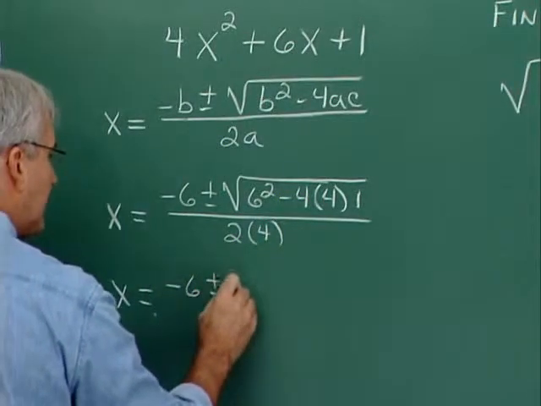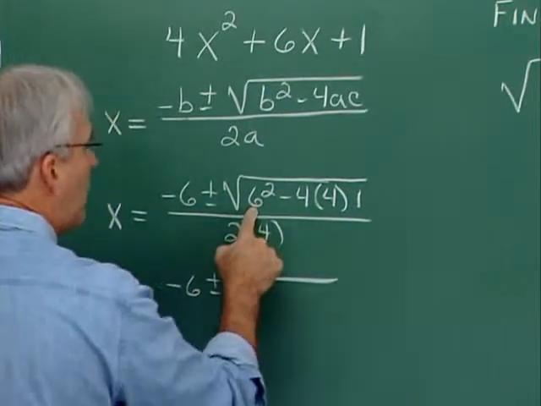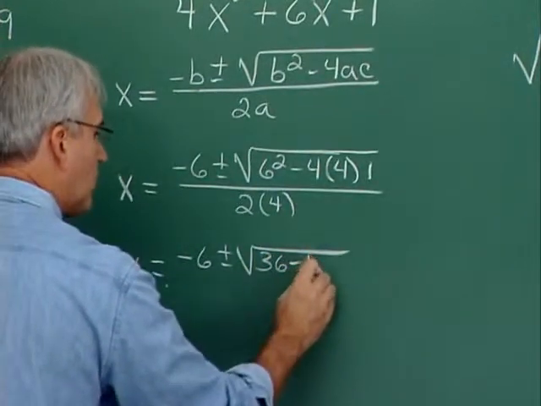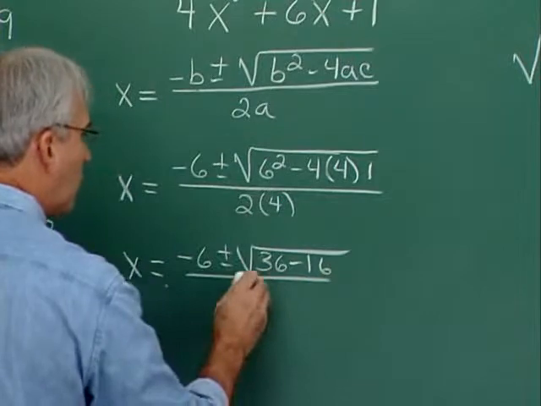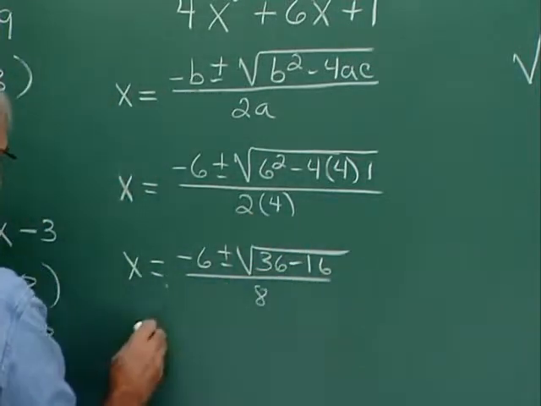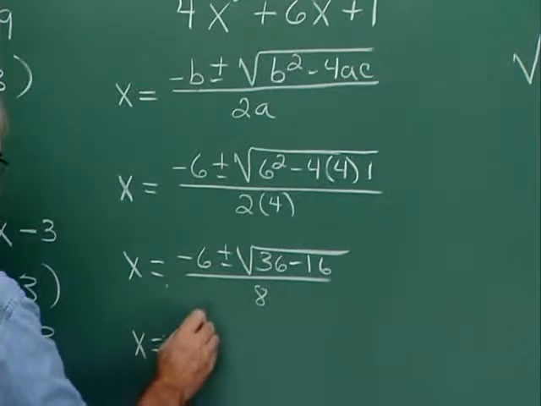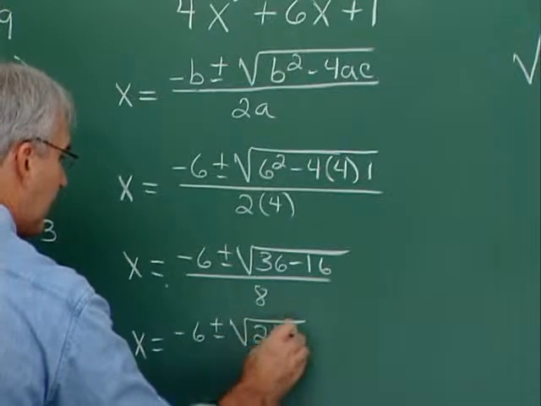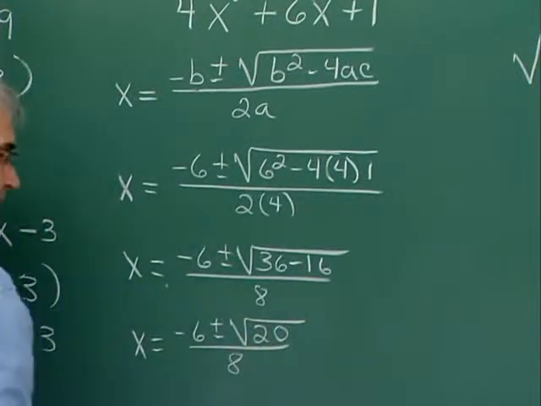Negative 6 plus or minus the square root of 6 squared is 36 minus 4 times 4, 16, all over 2 times 4, 8. And then collecting here, x is negative 6 plus or minus the square root of 36 minus 16, that's 20, over 8.